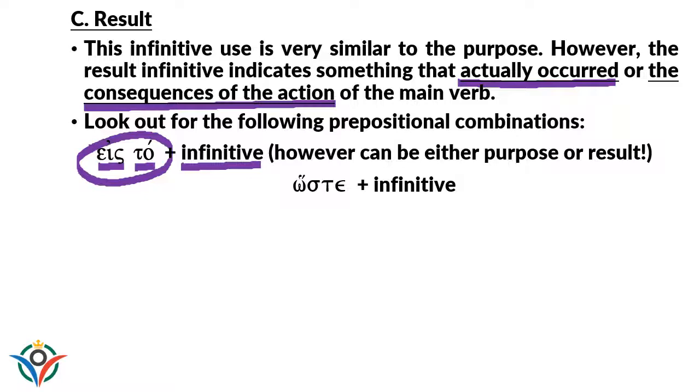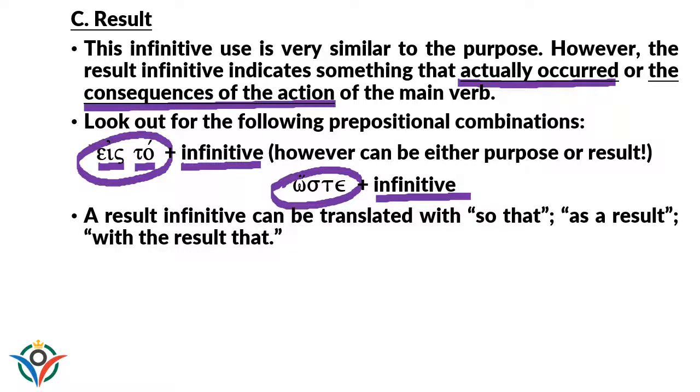Purpose and result sometimes overlap, and you'll have to look carefully at the context to distinguish the difference between the two. The second prepositional combination is hōste plus the infinitive. A result infinitive can be translated with so that, as a result, or with the result that.